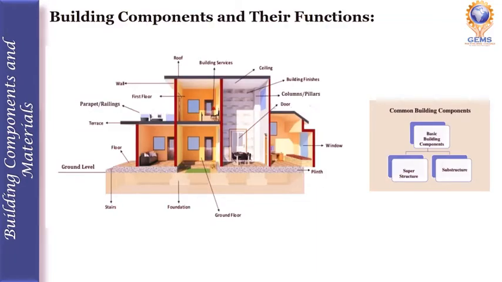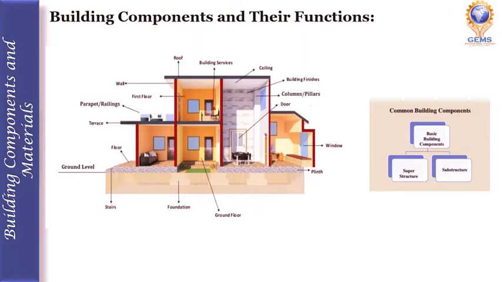First, we start with the building components and their functions. So this diagram shows what are the various components available in a building. So majorly, the buildings are divided into two components. One is substructure, other one is superstructure.